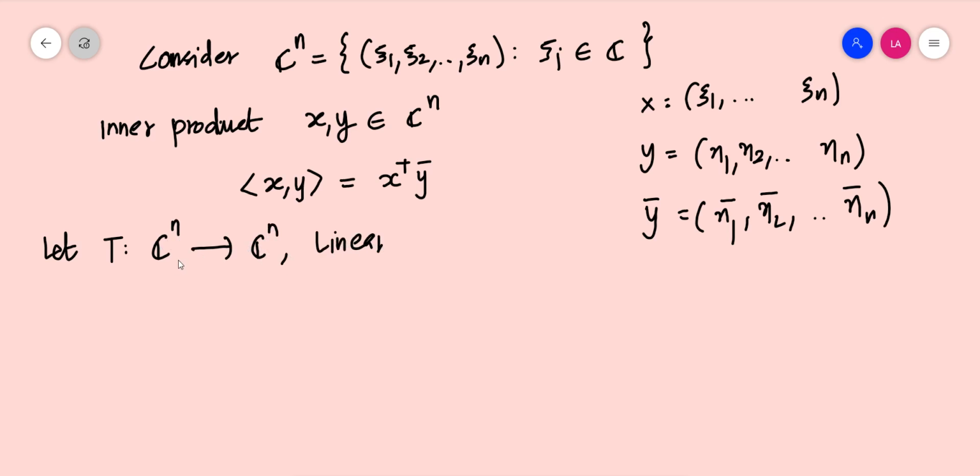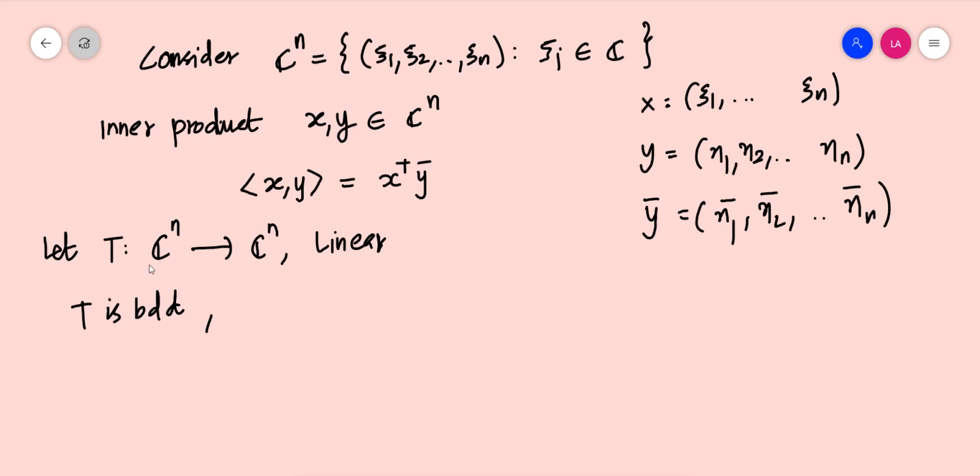Since Cn is a finite dimensional inner product space, it has dimension n or 2n with respect to the underlying field. So T is a linear map defined on a finite dimensional space. So clearly T is bounded, because every linear map defined on a finite dimensional space is bounded, which we have already established.